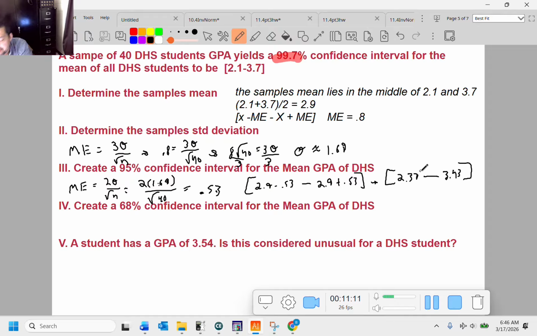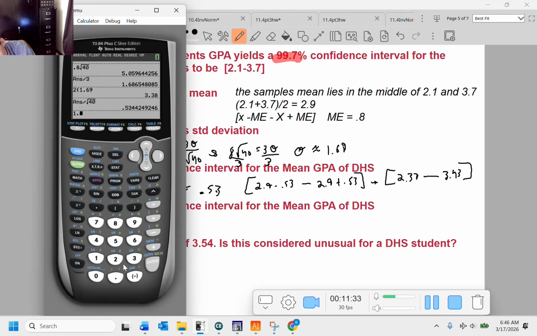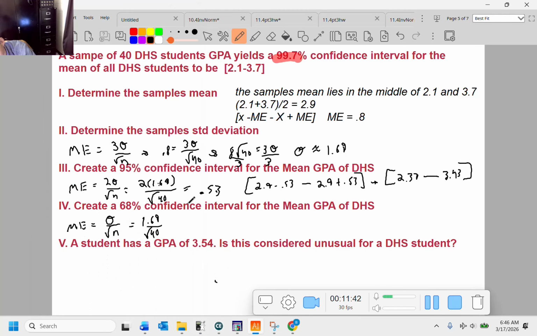You'll see again that the range has gotten smaller because you're not as confident, that's why. And this will be the smallest of them all. A 68% confidence interval would be a single standard deviation over the root of n. So it's going to be this 1.69 over root 40, which is going to be an even smaller number, about 0.27.